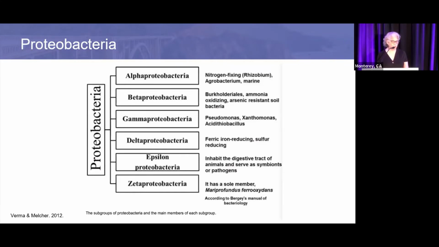The gamma proteobacteria is where Pseudomonas and Acidithiobacillus live. The delta proteobacteria are ferric iron-reducing and sulfur-reducing bacteria. The epsilon proteobacteria inhabit the digestive tract of animals. And the zeta proteobacteria has a sole member, Mariprofundus ferrooxydans.